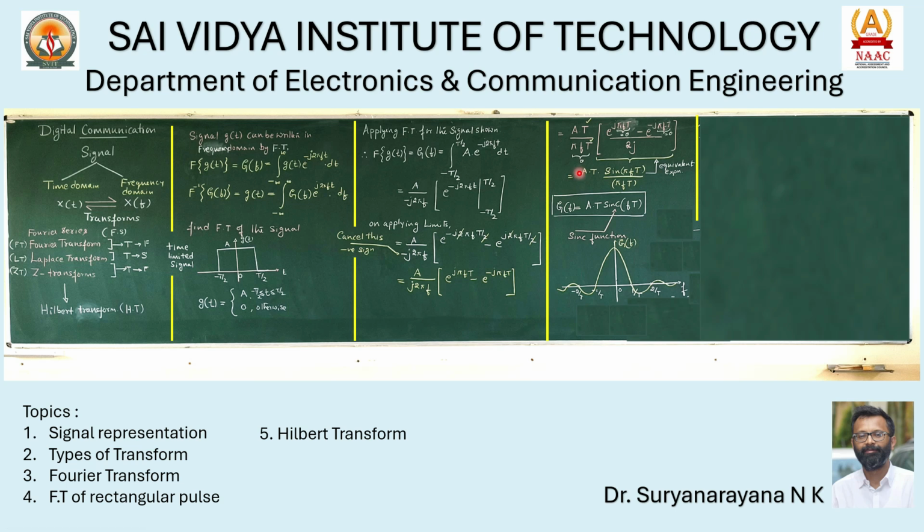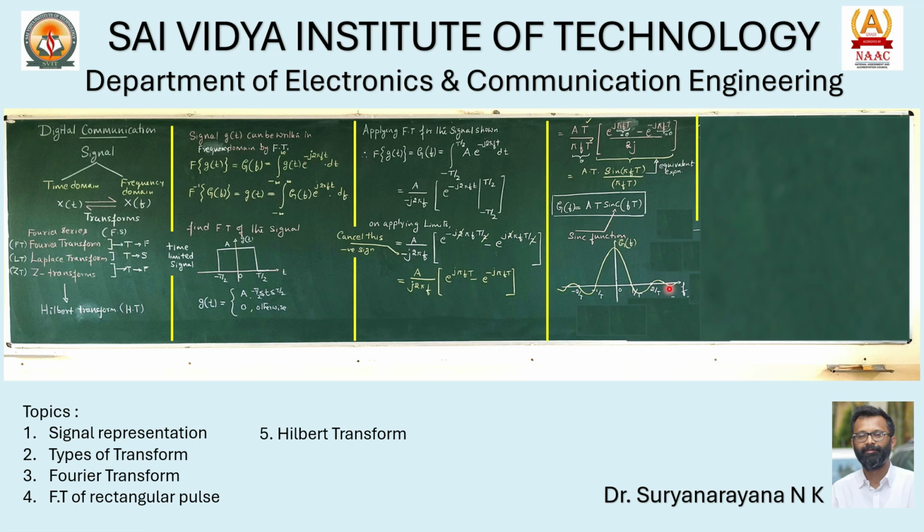And rearranging the equation, we get G of f as AT sin pi fT by pi fT. So this ratio of sine is called the sinc function. So the Fourier transform converts the time domain signal into the frequency domain signal given by AT sinc of fT.